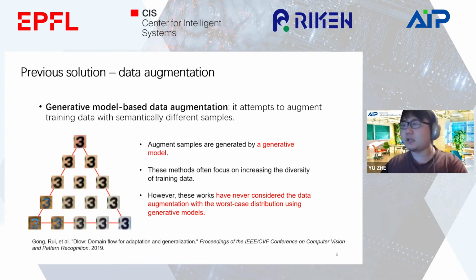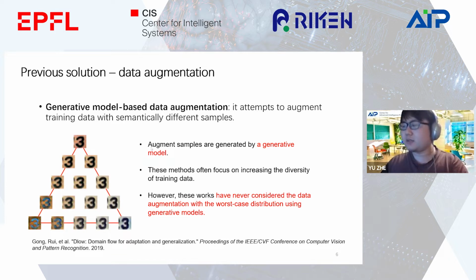Another strategy is generative model-based data augmentation. It attempts to synthesize the training data with generative models. This method often focuses on increasing the diversity of the training data. As the left figure shows, each figure is one piece of training data, and we can see the style of the training data can change very differently.